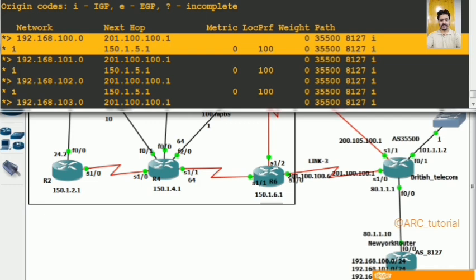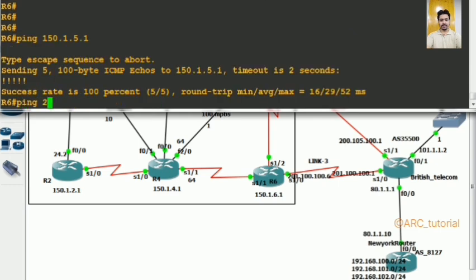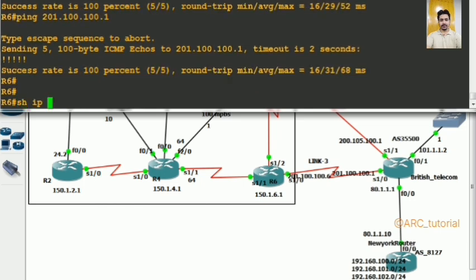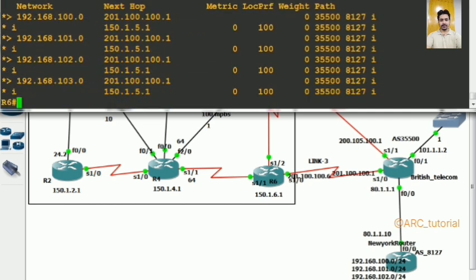First of all, what will it check first? Next hop. Whether it goes via BT or via R5, the next hop addresses are reachable. You can try to ping it, like 150.1.5.1 as well as 100.100.1. See, so next hop addresses are reachable now.